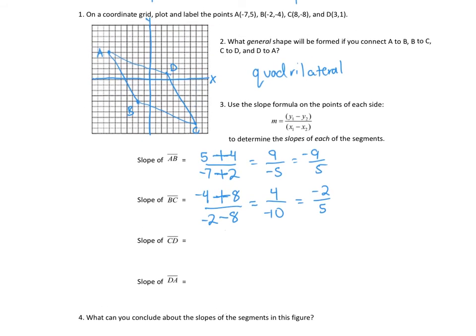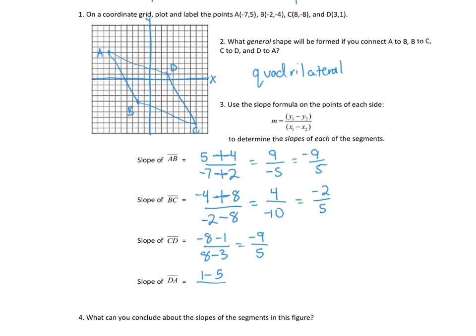CD, I got negative 8 on top, negative 8 minus 1. On the bottom, my x's are 8 minus 3. So this gives me negative 9 on top, and 5, negative 9/5. DA gives me the y's on top, so 1 minus 5 on top.